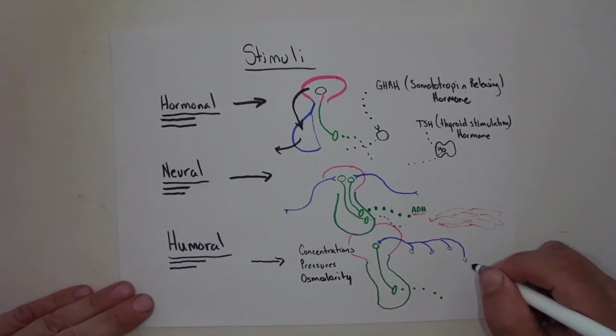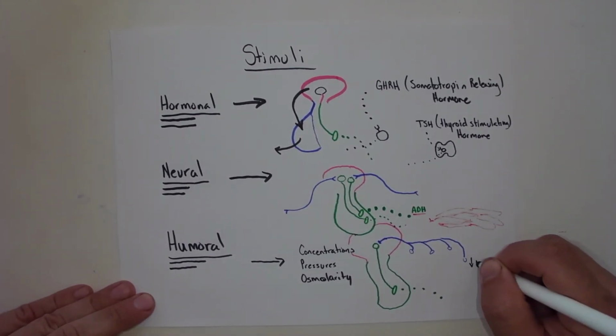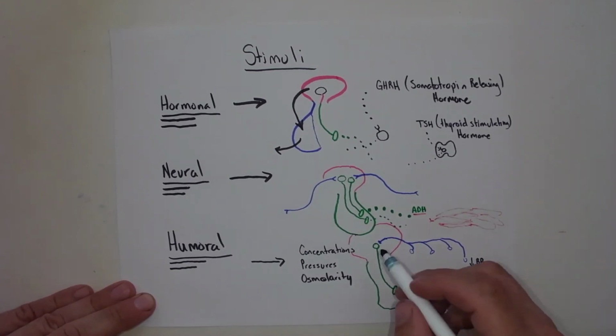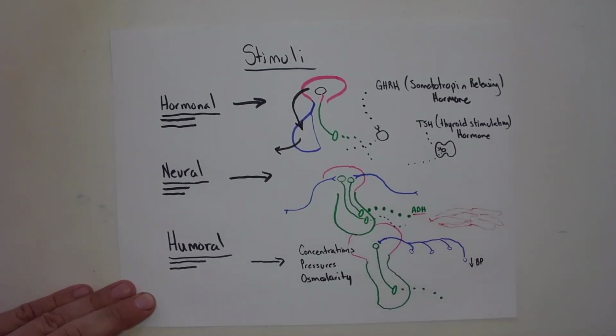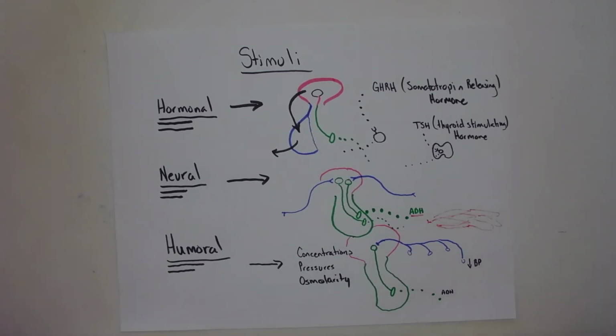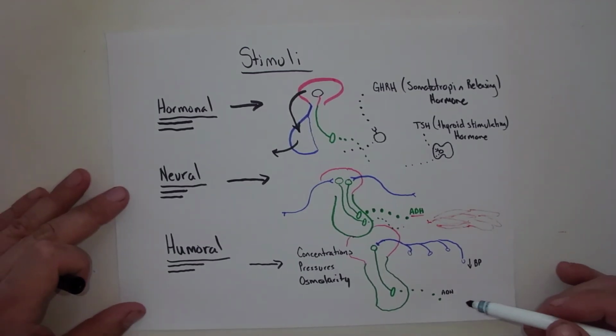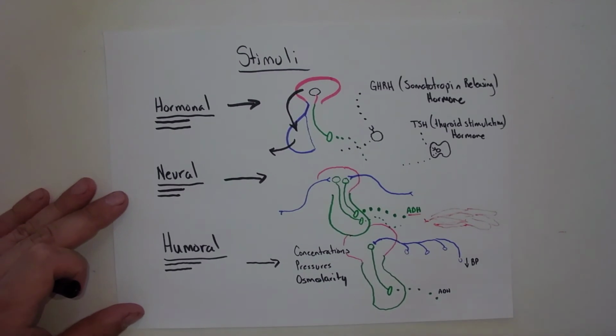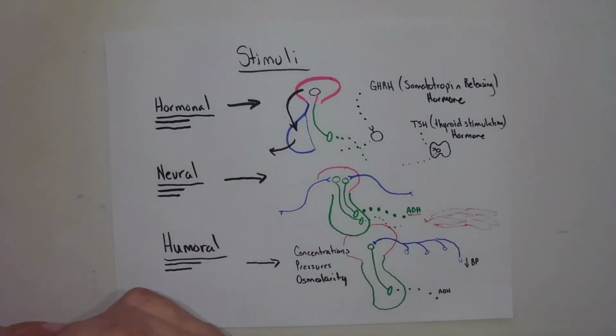So it's low blood pressure sensed by these neurons that cause the release of antidiuretic hormone that affects the distal convoluted tubule, or the collecting ducts of the kidneys, to resorb more water and get our blood pressure and blood volume up.